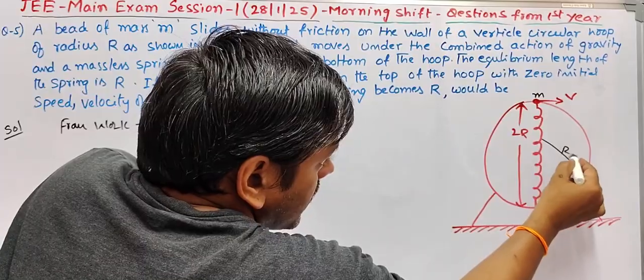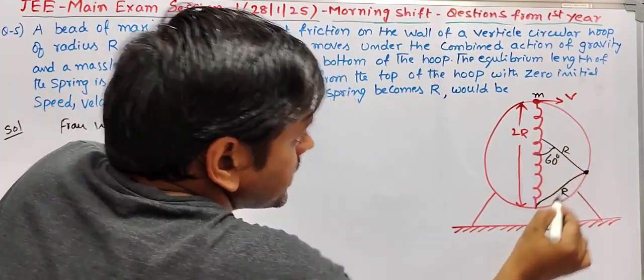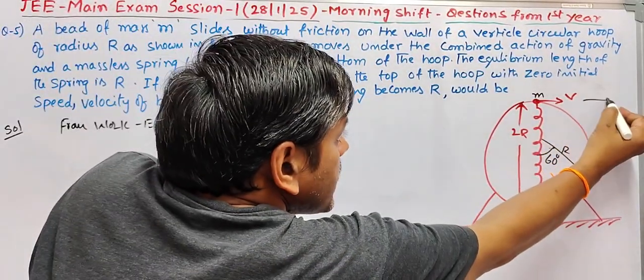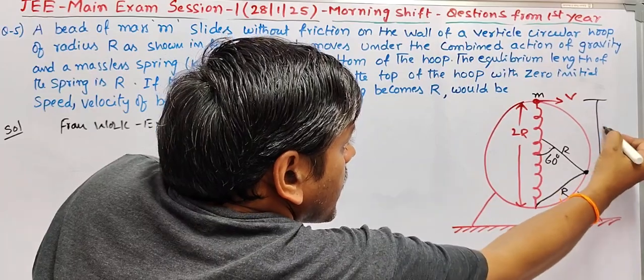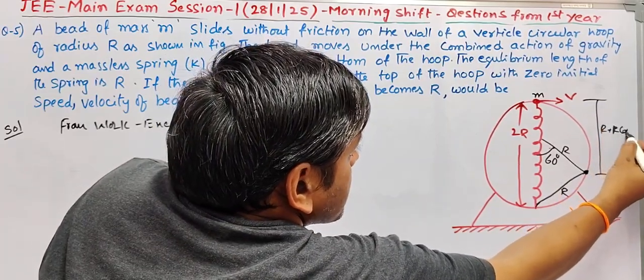The length is also equal to R. The angle above is 60 degrees. So what is the total length? R plus R cos theta, isn't it?